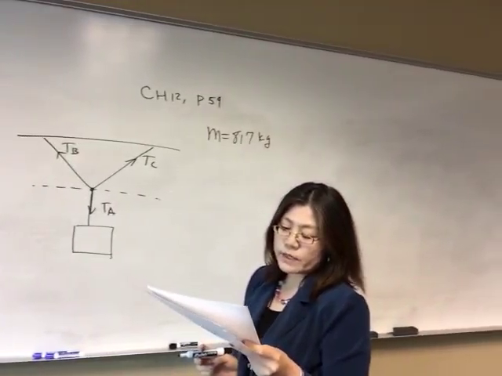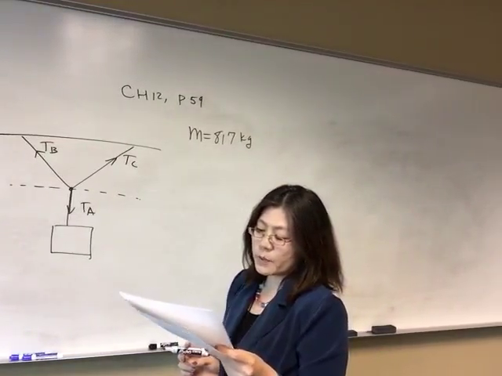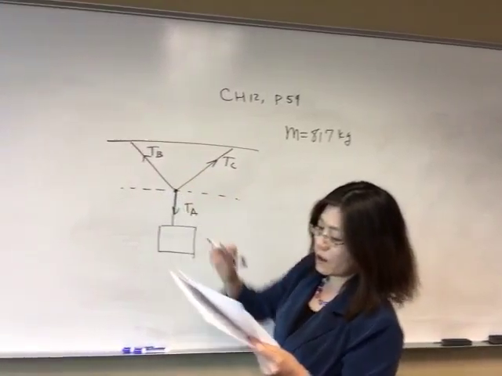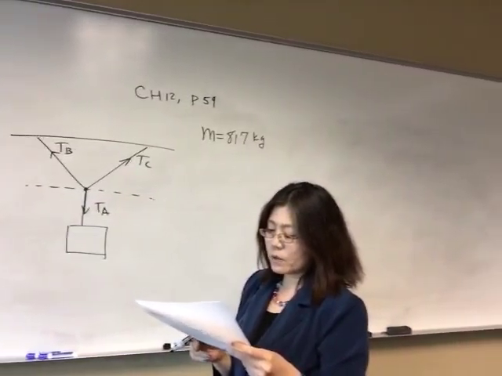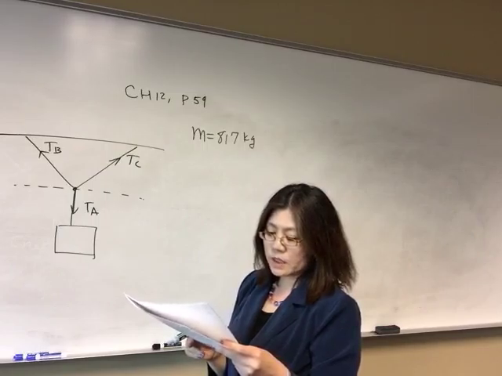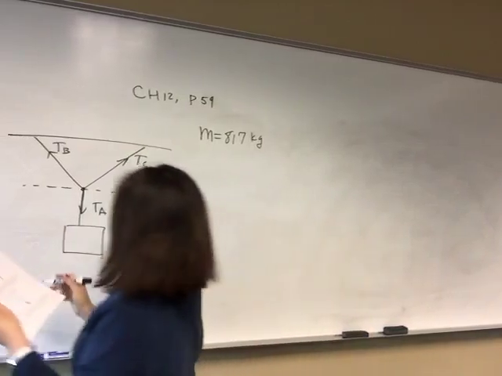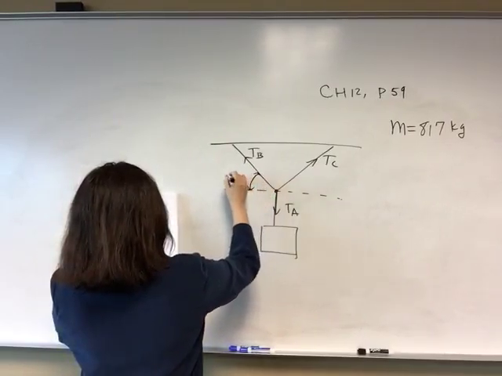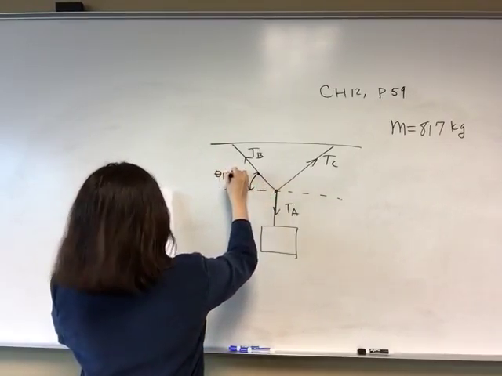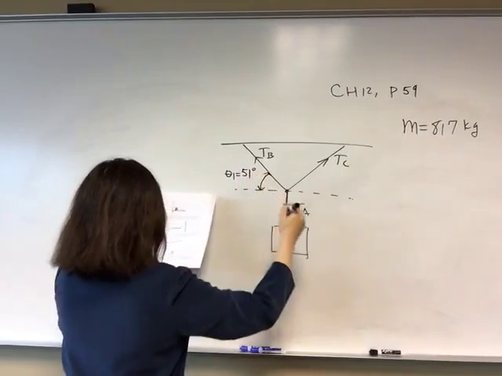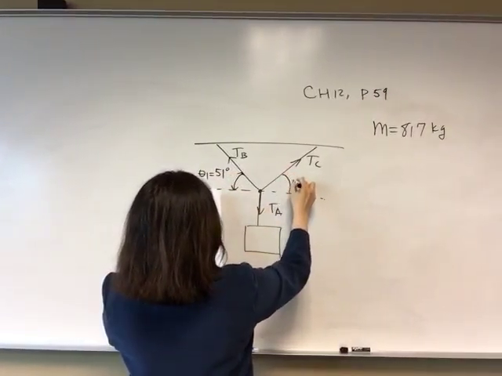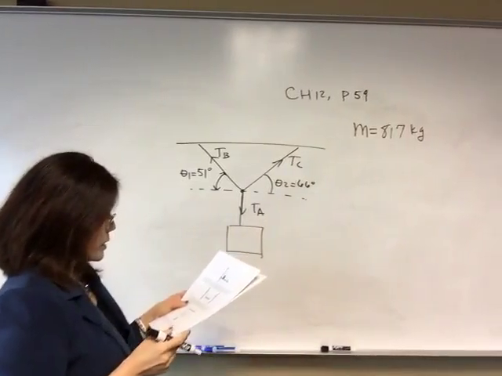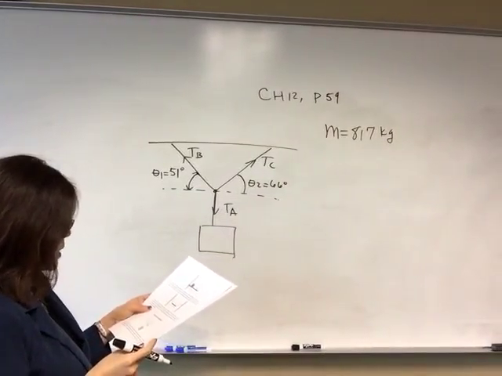An 870 kilogram construction bucket is suspended by a cable A that is attached at point O to two other cables B and C, making the angle theta 1 here, which is 51 degrees, and theta 2, this is your theta 2, which is 66 degrees with the horizontal. Find the tensions in cables A, B, and C.